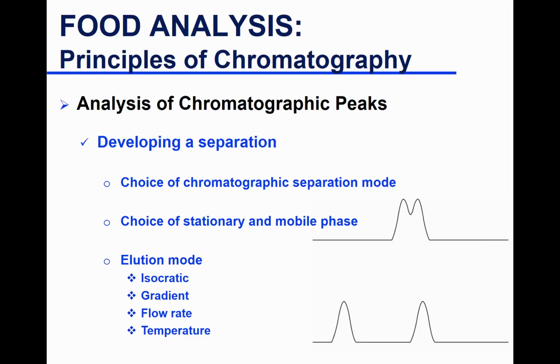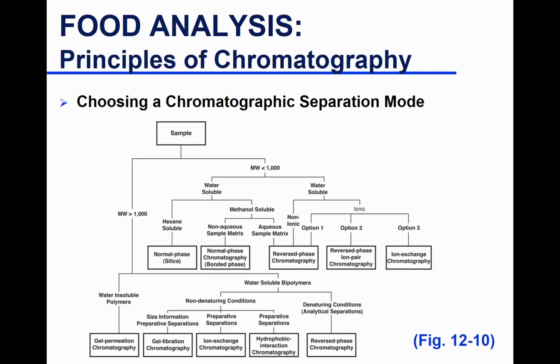Sometimes you look into the literature and find there are like three or four different modes of separation that can be used. Here's an illustration, figure 12.10. For some ionic compounds, as we will learn in carbohydrates, the same sugars can be separated by reverse phase ion pair chromatography, which we'll talk about in the HPLC lecture, and by ion exchange chromatography.